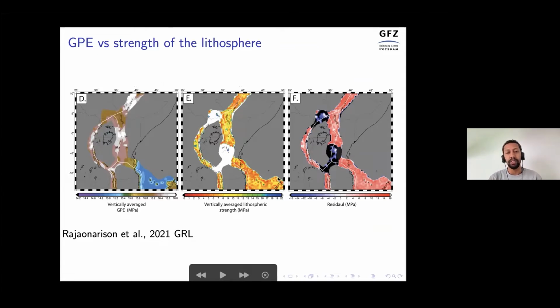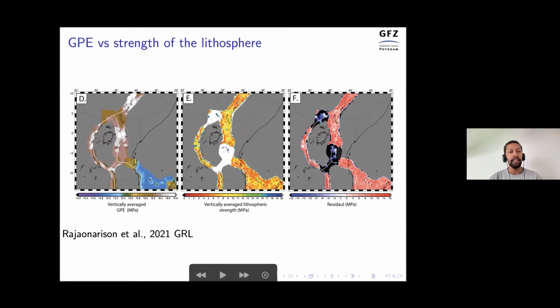A little bit different assumption is that a crustal layer hosts seismicity, hosts earthquakes, if the applied stress is higher than the strength of the layer itself. So if we follow the second assumption, then it's always important to compare the available stress with the strength of the lithosphere.